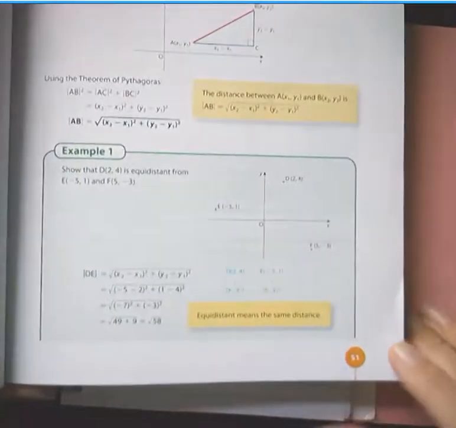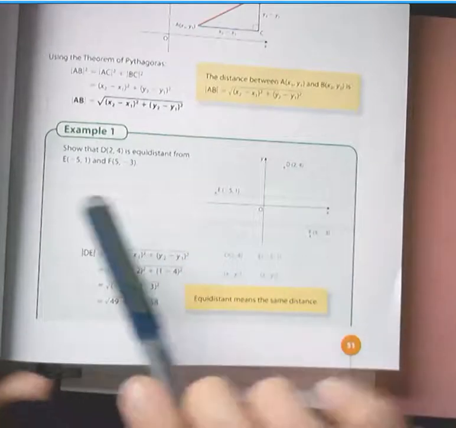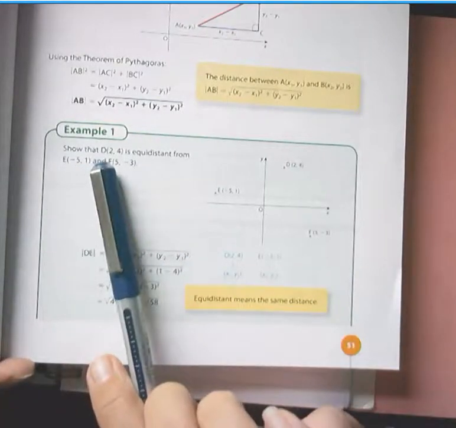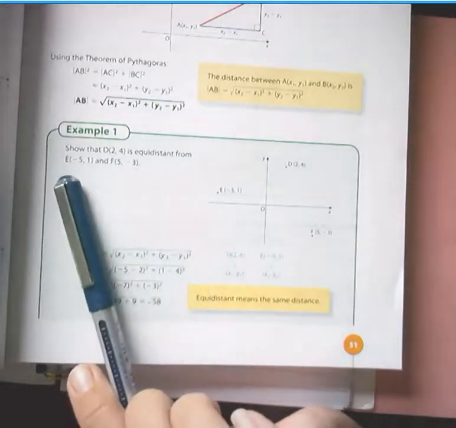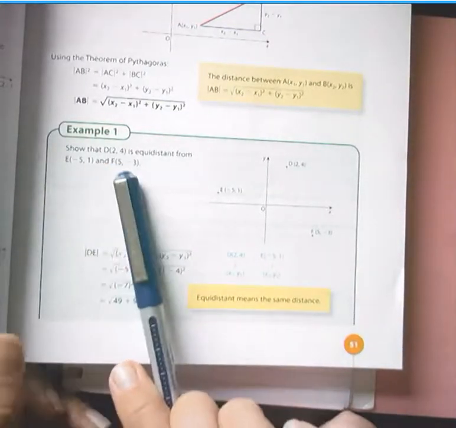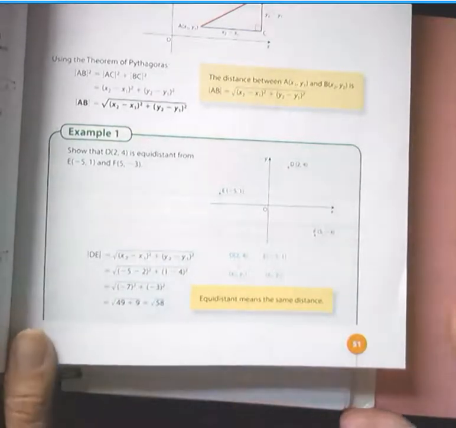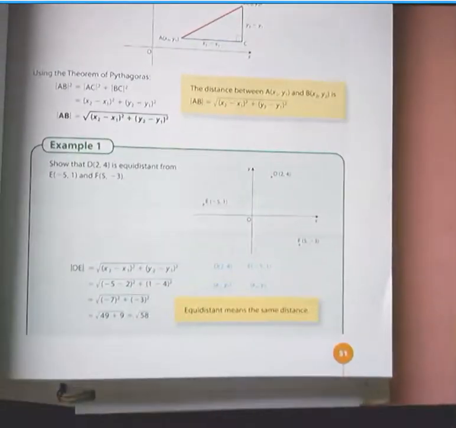Right, so in your text and test, it says, show that the point D, 2, comma 4 is equidistant between E, which is minus 5, 1, and F, 5, minus 3. So in terms of what they've done, they've plotted the points first.